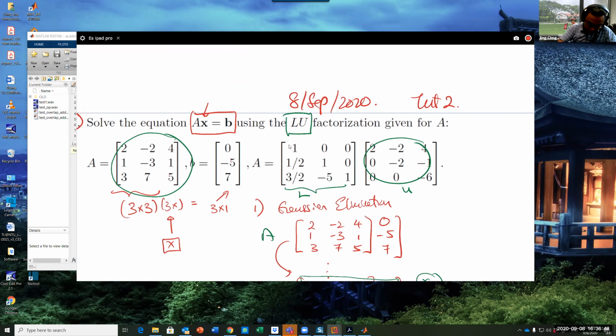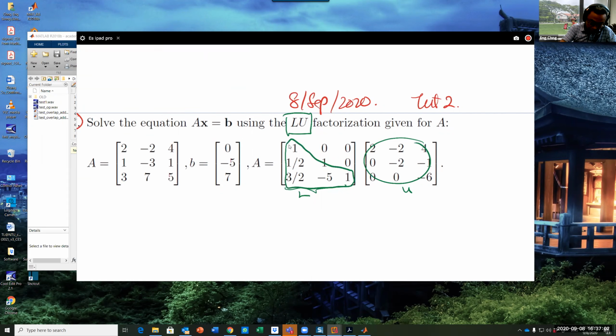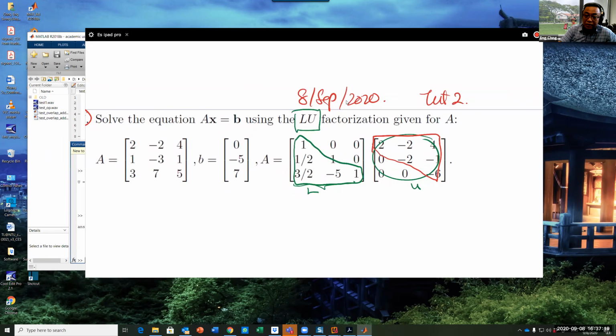Let me erase some of these first. So it looks like a lower triangle. And here, the other one looks like an upper triangle. So that's why the names L and U, lower triangle and upper triangle. How we get these two triangles is not our problem today.